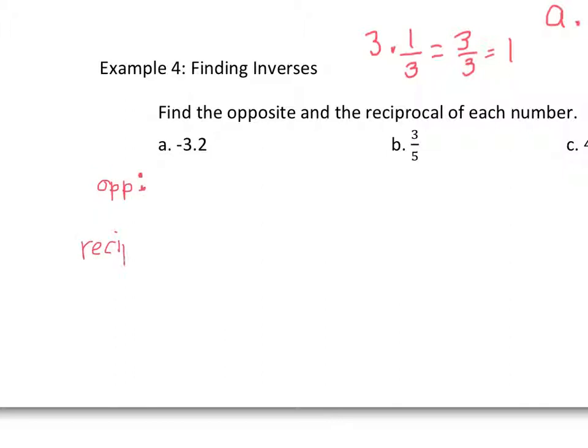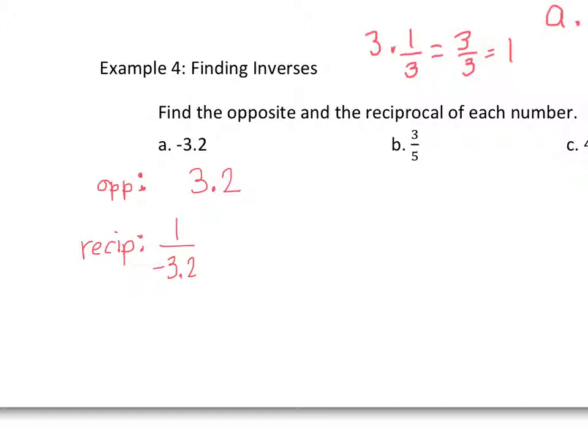It says find the opposite and the reciprocal of each number. We'll do opposite, and then we'll do reciprocal. What's the opposite of negative 3.2? 3.2, very good. Now, reciprocal. What do we do to get the reciprocal? 1 over negative 3.2. Does that look very nice? No, we don't do decimals inside fractions.